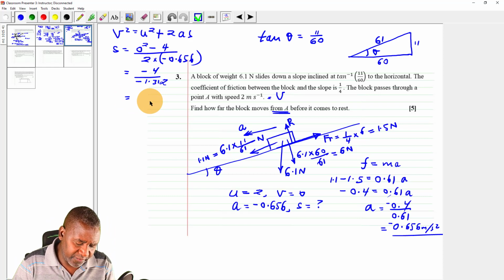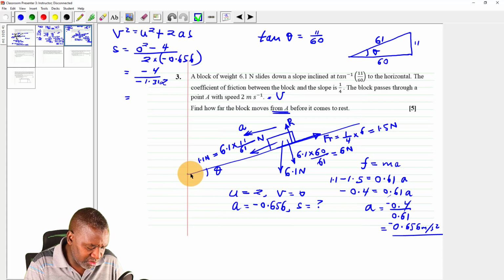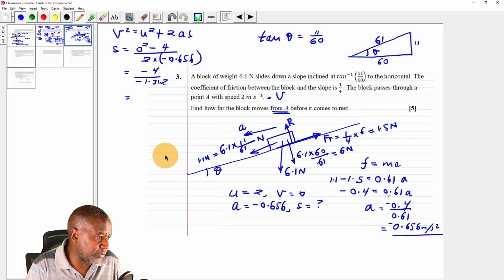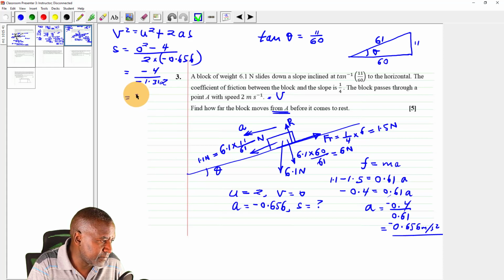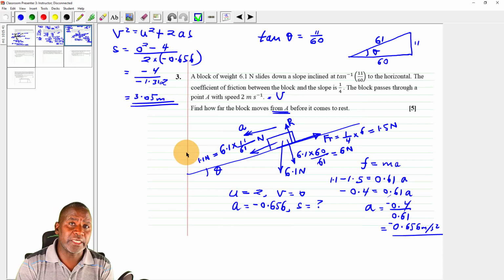I mean, that will be 4 divided by the answer that I've just got, and I should be able to get 3.048. I can say it is about 3.05 meters. This is how far it slides down the incline.